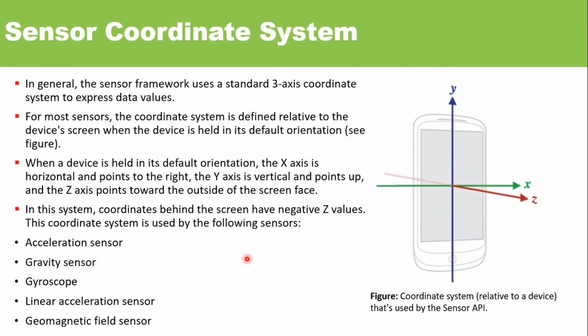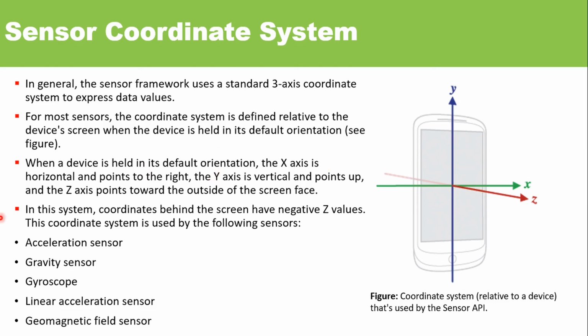Now we have the sensor coordinate system. The sensor framework uses a standard 3-axis coordinate system to express data values: the x-axis, y-axis and z-axis. For most sensors, the coordinate system is defined relative to the device's screen when the device is held in its default orientation.